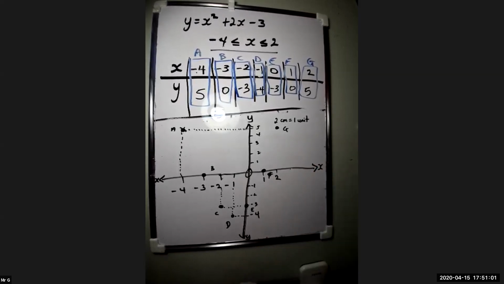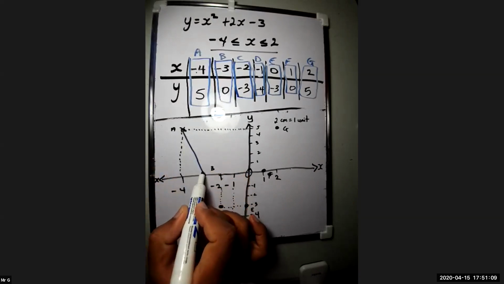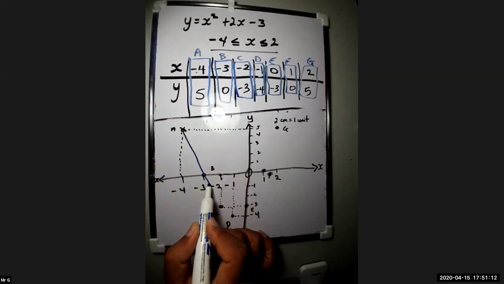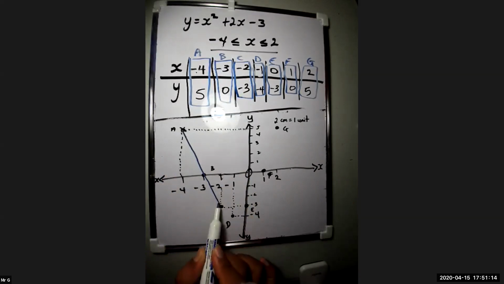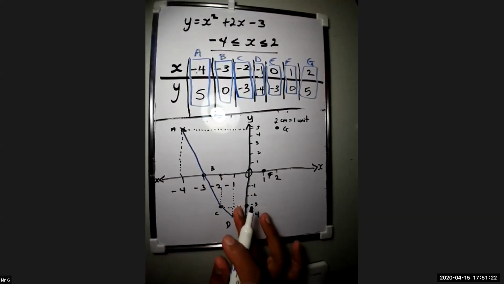Right. So now you can use a different color, right? You use a pencil, and you connect the points in a nice smooth graph. Right? So it's not art. Don't sketch a graph. It's supposed to be a continuous line, right? And you have to curve it. A lot of people go from here and they do that. Your graph is not supposed to have any sharp edge. It's a curve.